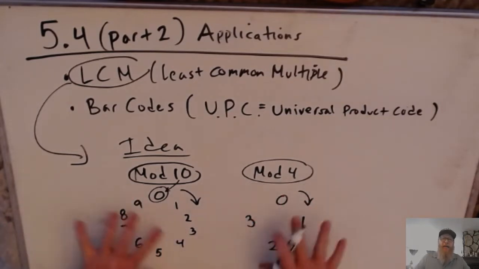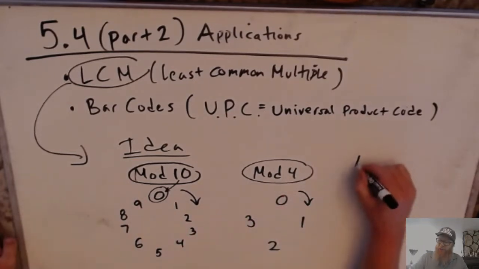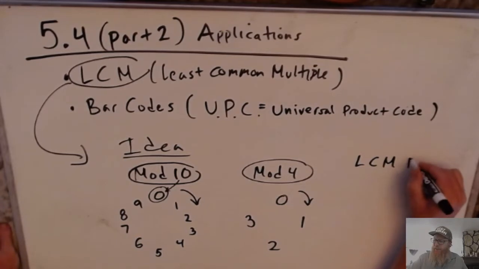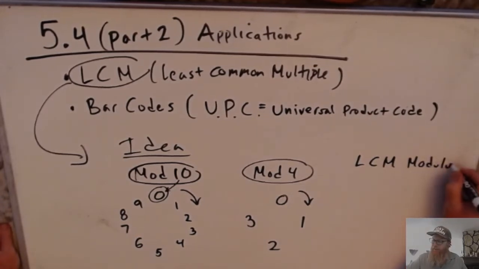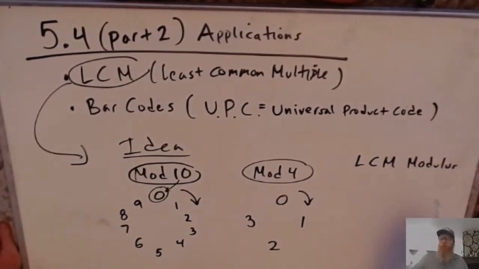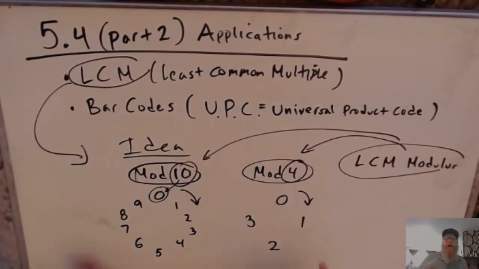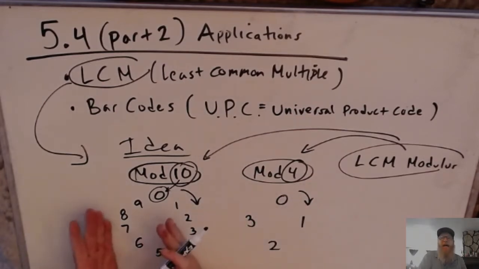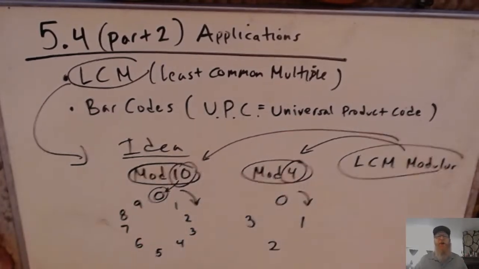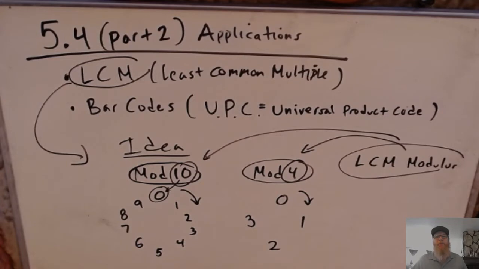So we can create a modulus called the LCM modulus, which would be the least common multiple of the 2 moduli. So you have modulo 4, modulo 10. What would be the least common multiple? All right.